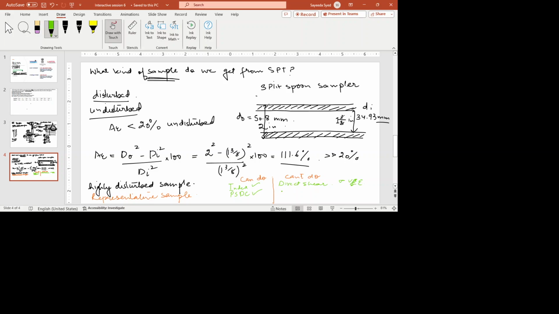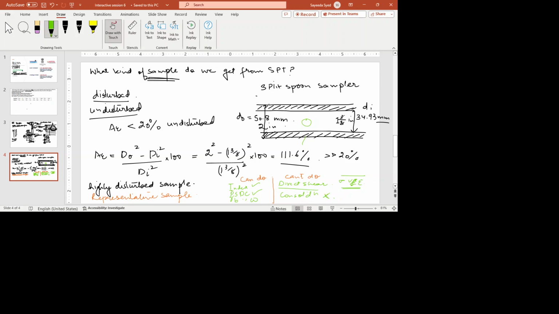Roughly, we can calculate the gamma B. We can take the water content of the soil inside. But any test that needs the initial condition, we can't do. We can't do the consolidation test, we can't know what the stress strain condition is here.